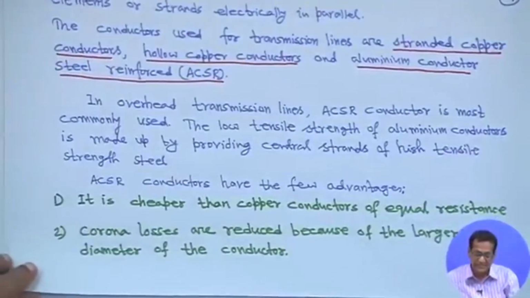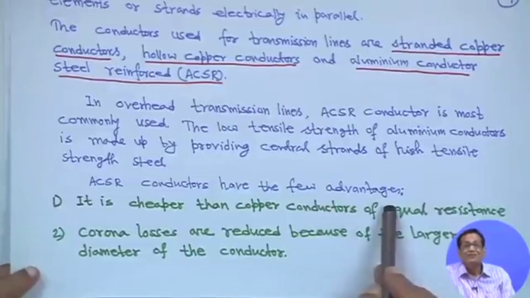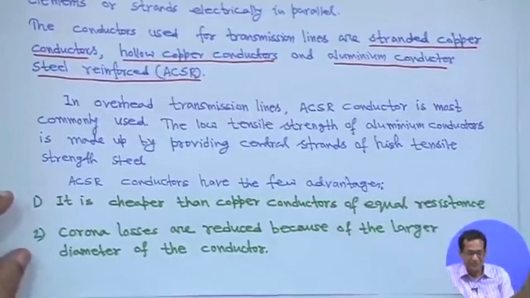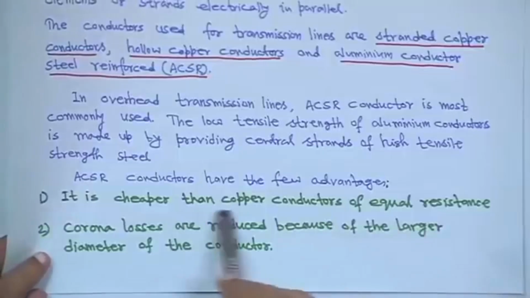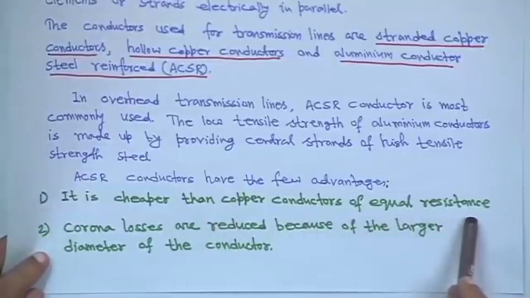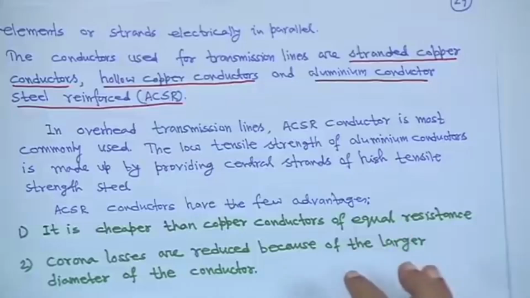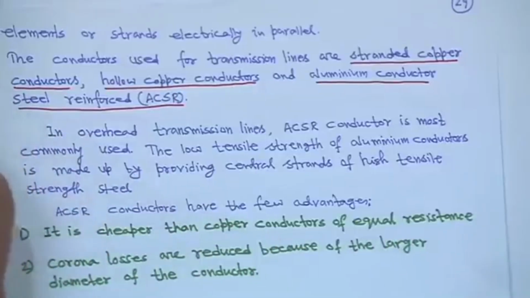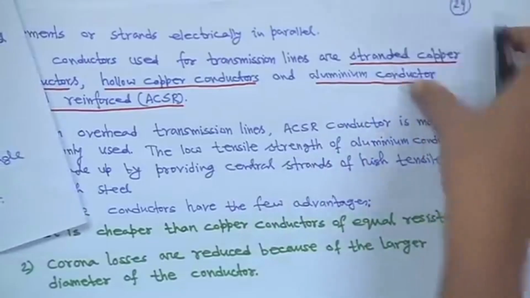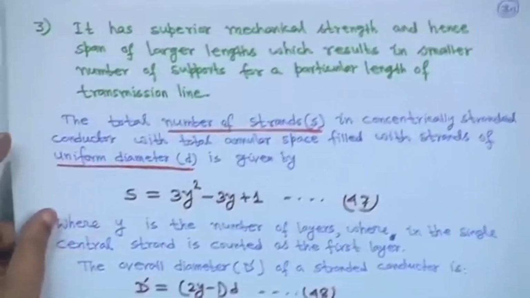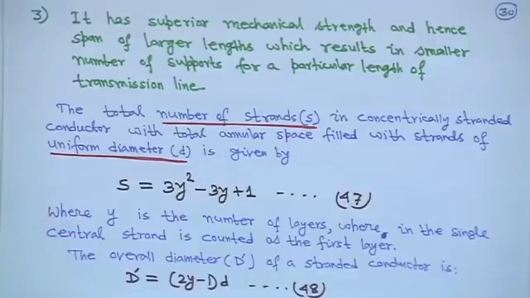ACSR conductors have a few advantages, I have written them so that I should not miss anything. It is cheaper than copper conductors of equal resistance. Corona losses are reduced because of the larger diameter of the conductor. And third point, it has superior mechanical strength and hence spans of larger lengths, which result in a smaller number of supports for a particular length of transmission line.